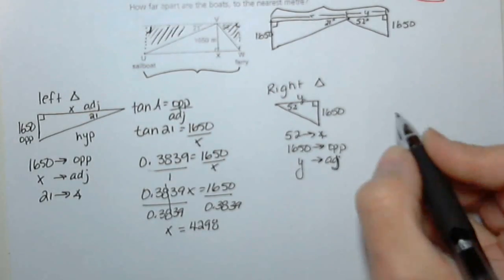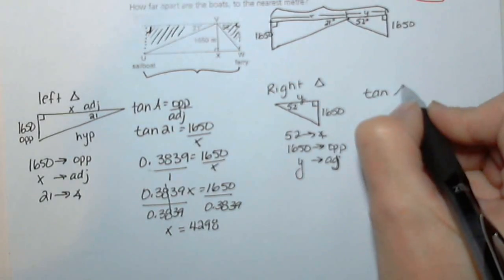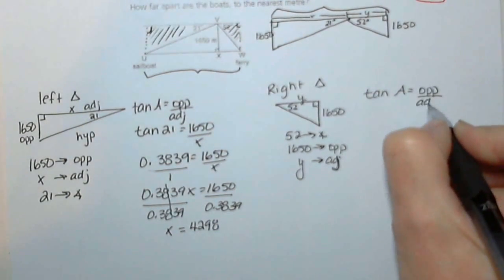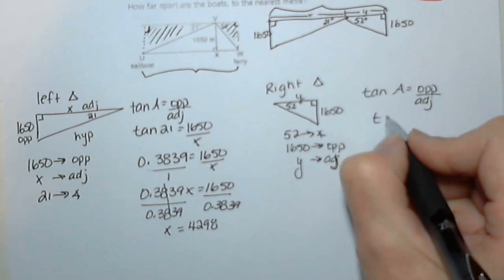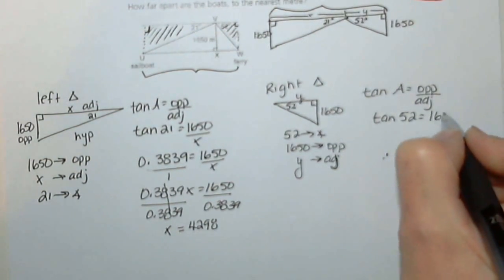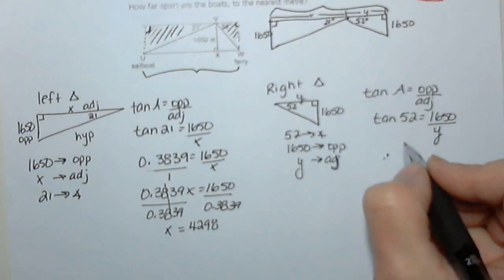Our formula again is tan of A is equal to opposite over adjacent. Tan of 52 is equal to 1650 over y.